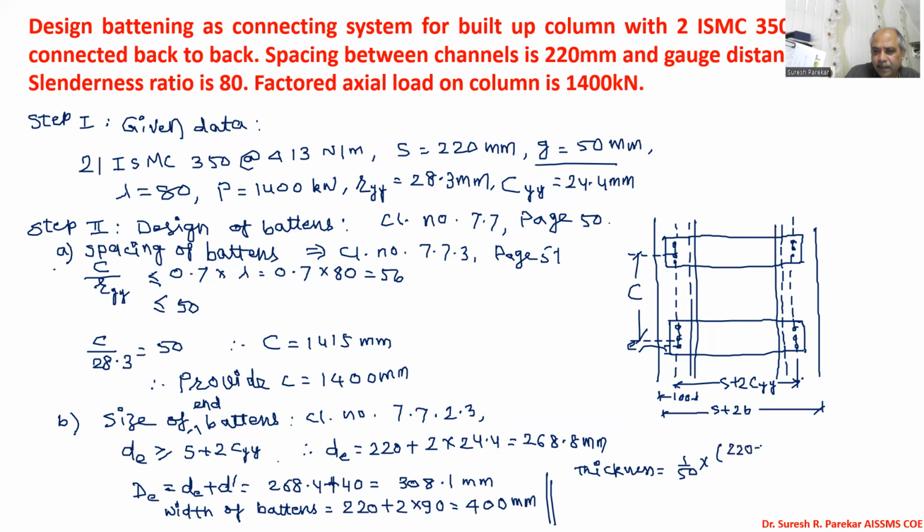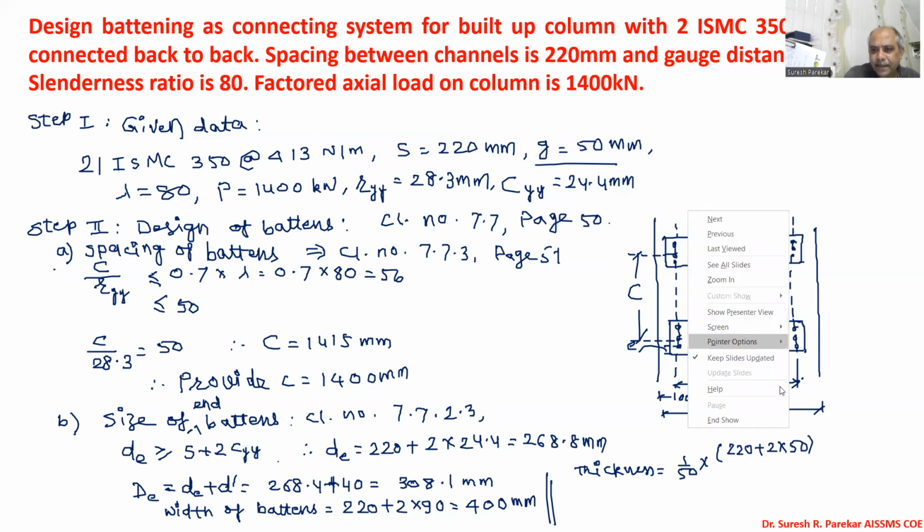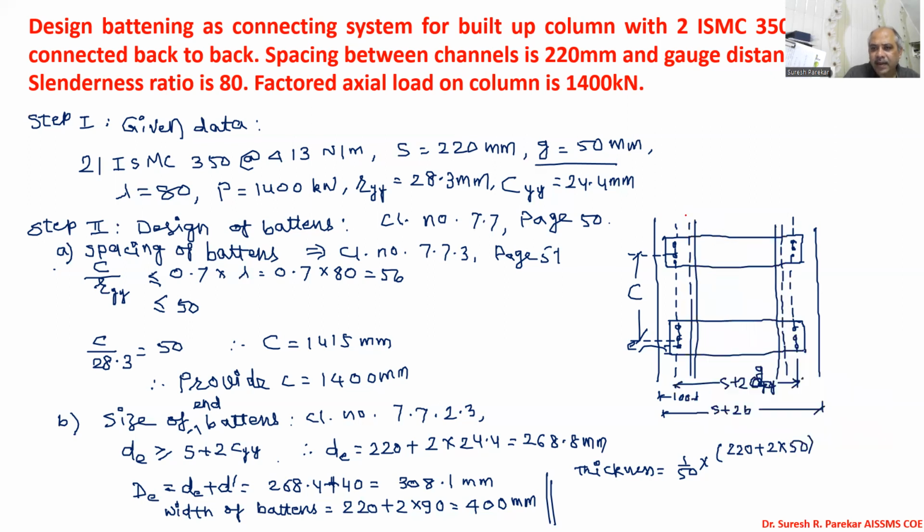So 220 plus 2 into 50, G. This is actually S plus 2G, and CYY is the centroid; CYY is always less than G. And then we have C plus S plus 2 CYY, which we require for this.